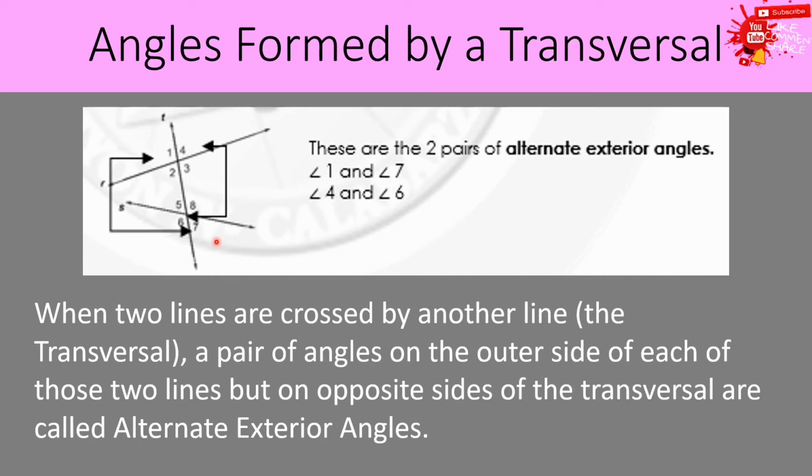That's why angle 1 and angle 7 lie on the outer side of line R and line S, and they are on opposite sides of the transversal. So we have angle 1 and angle 7, then angle 4 and angle 6.